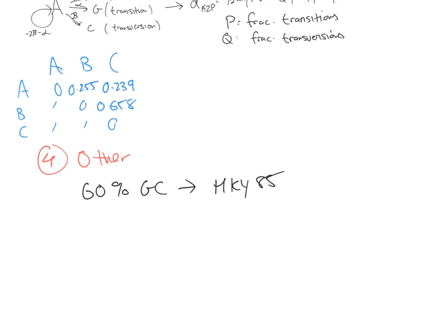You also have many cases where some nucleotides mutate more than others. I'm going to call this unbalanced mutation. For example, G is more likely to mutate to C than it is to A, and for that you need to use a gamma distribution model.